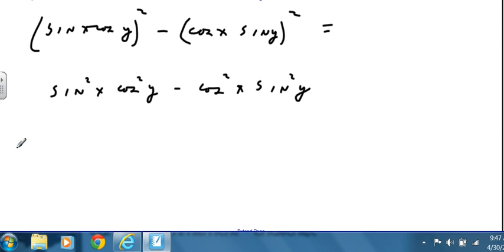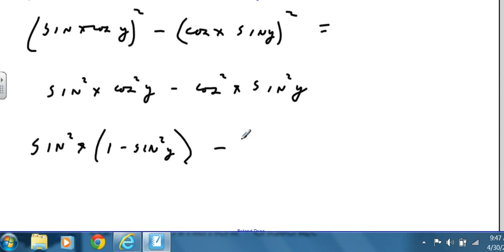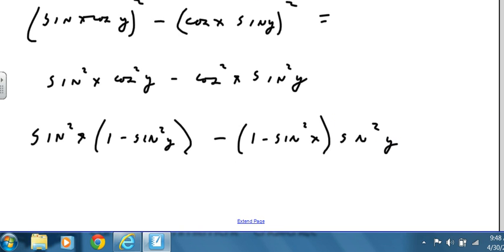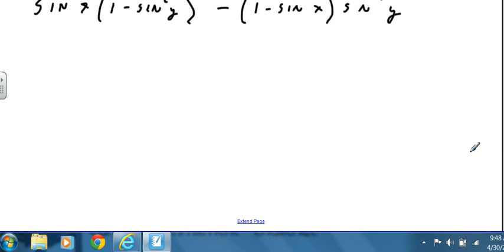I can say sine squared x times 1 minus sine squared y, minus 1 minus sine squared x times sine squared y. All right, now I got rid of the cosine guys.